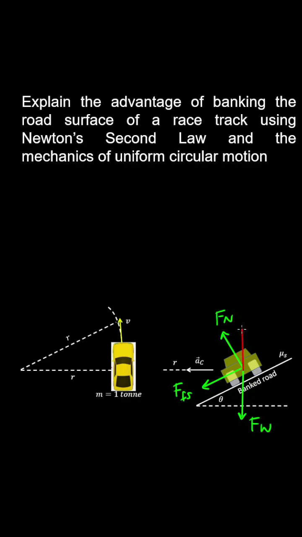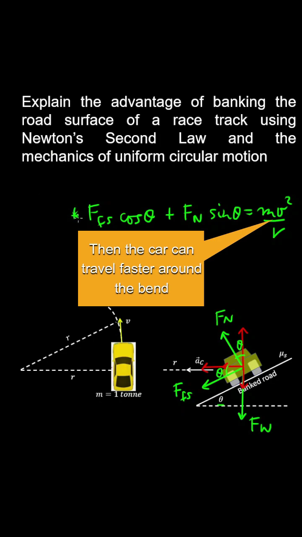If we resolve the normal force into vertical and horizontal components, and do the same with the friction force, and recognize that these angles are equal to that of the banked surface, then using Newton's second law we get the static friction force cosine theta plus the horizontal component of the normal force, Fn sine theta, equal to the mass of the car times the speed squared over the radius of the track. In the general case where we have a banked road, we can see that the normal force and the static friction force contribute to the centripetal acceleration.